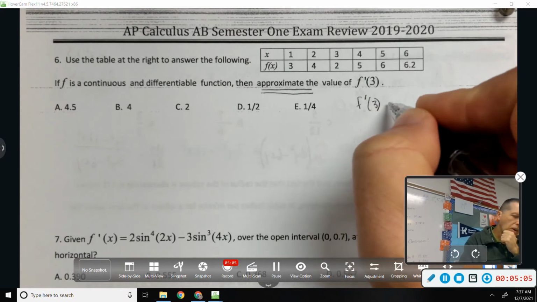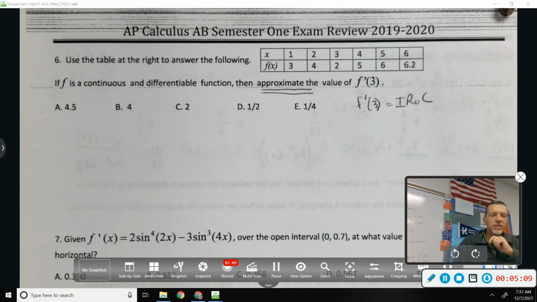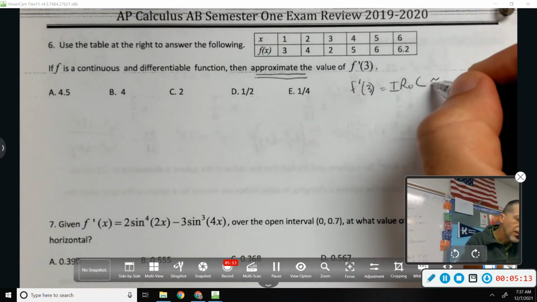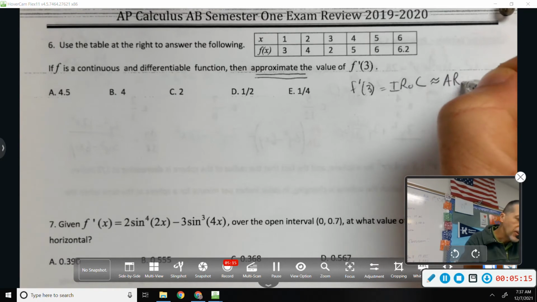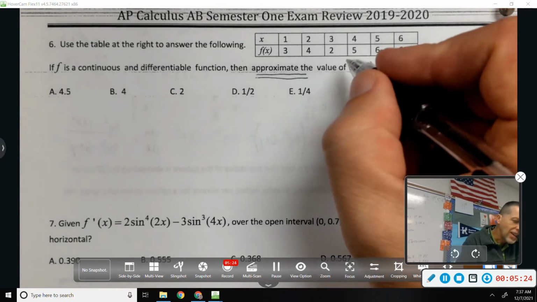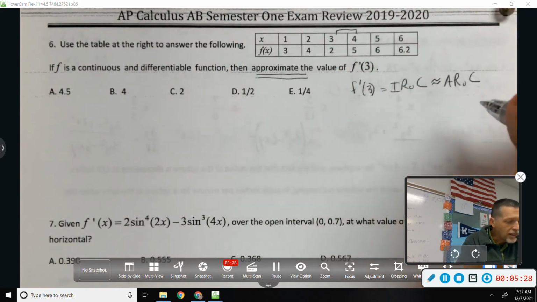So f prime at 3 is the instantaneous rate of change, but I don't have enough information to get that, so I will approximate it with the average rate of change. Now at 3, I don't like this question because it's not clear. No, it's definitely clear I have to do AROC.